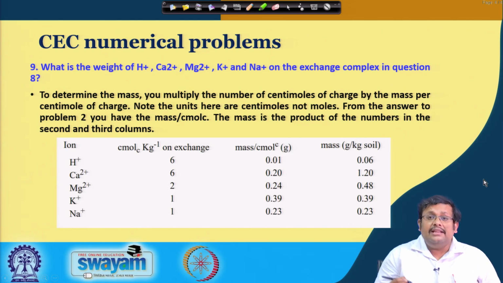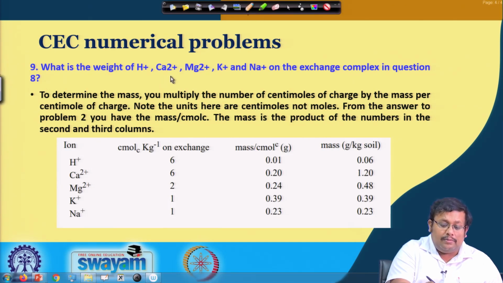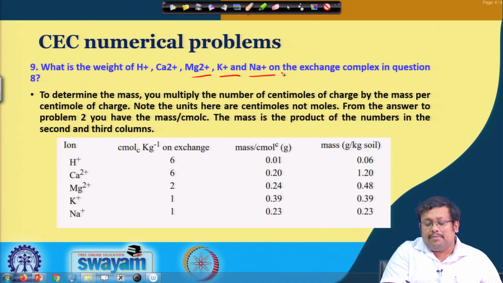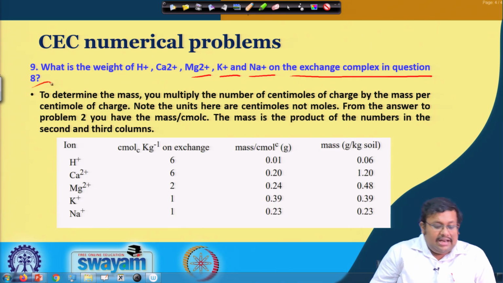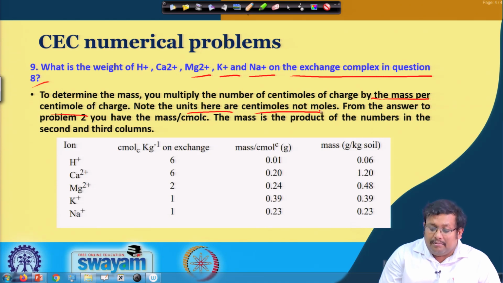These are relatively very short and simple questions. Now, the ninth numerical problem is, what is the weight of H plus, Ca2 plus, Mg2 plus, K plus and sodium plus on the exchange complex in question 8. To determine the mass, we need to multiply the number of centimoles of charge by the mass per centimole of charge. The units are centimoles, not moles.